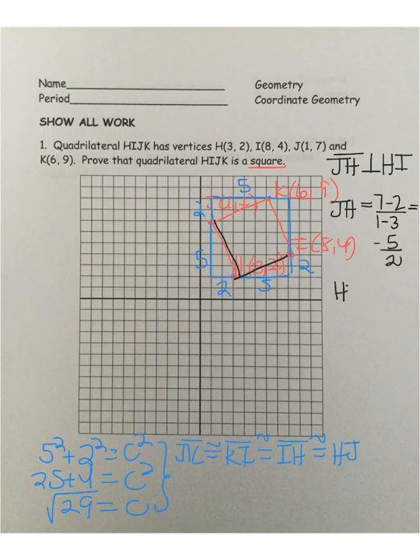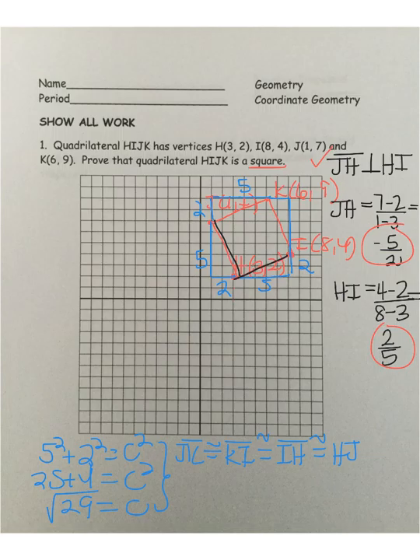And HI, ultimately we want to get 2/5. So 4 minus 2 and 8 divided by, or subtract 3. And that does give us a slope of 2/5. So we do in fact get negative reciprocal slopes, so we've just shown that these two are perpendicular.